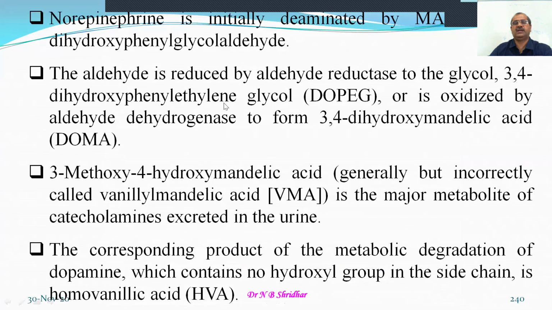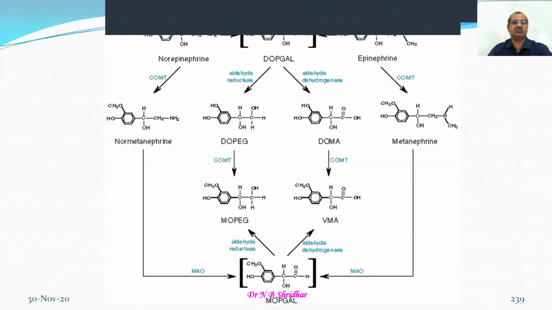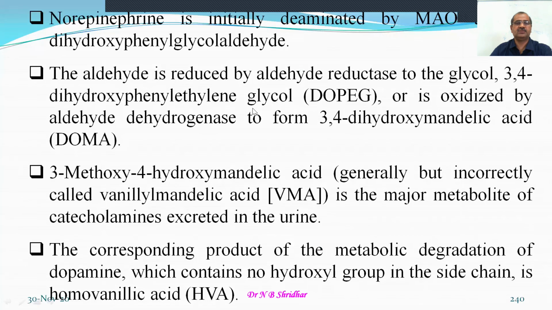So norepinephrine is initially deaminated by the monoamine oxidase enzyme to 3,4-dihydroxyphenyl glycolaldehyde. Then this aldehyde is reduced to the glycol, 3,4-dihydroxyphenyl ethylene glycol, also known as DOPEG.